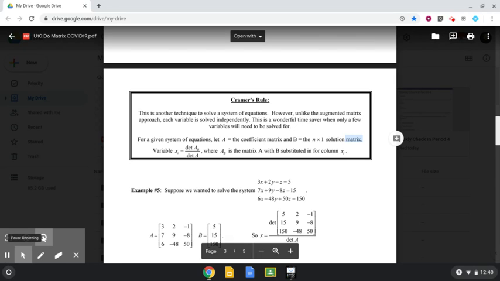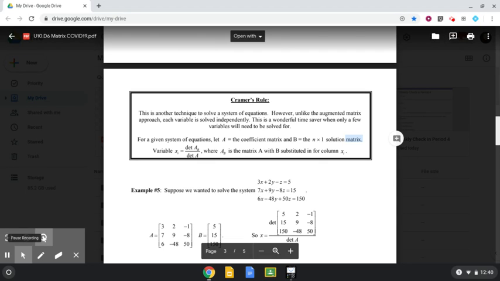So on the third page in the box, it says Cramer's rule. This is another technique to solve a system of equations. However, unlike the augmented matrix or row-reduced echelon form approach, each variable is solved independently or by themselves. This is a wonderful time saver when only a few variables will need to be solved for.